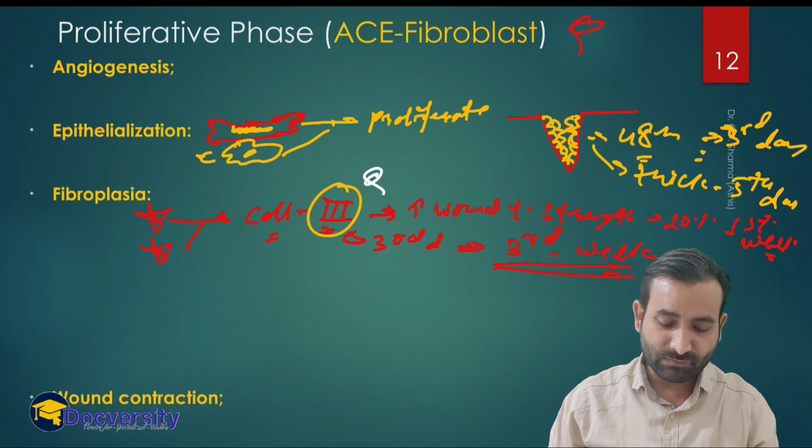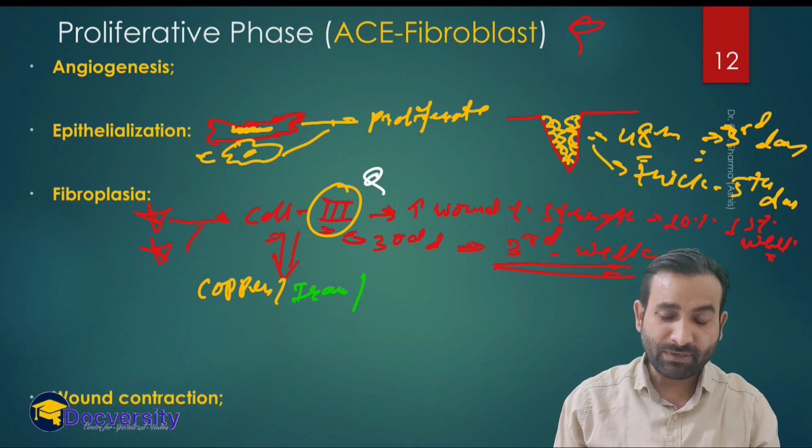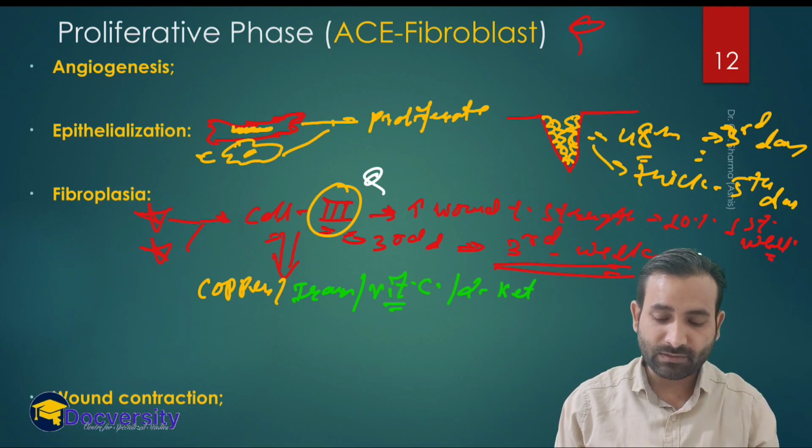Another point you have to understand: for the synthesis of collagen, we need some specific factors. That is what? We need copper, we need iron, right? Similarly, we need vitamin C, very importantly. Similarly, we need alpha ketoglutarate.